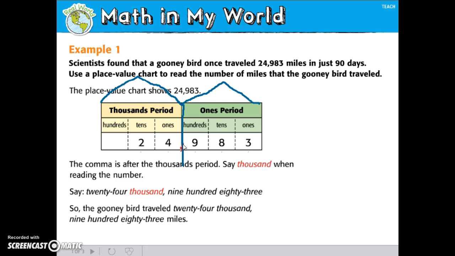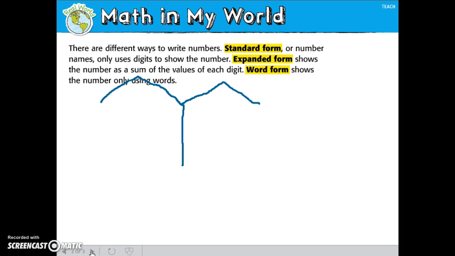If you only have one comma, that means you're leaving the thousands house. 24,000. Now go ahead and say this number as you would if the 24 was not there. 983. 24,983. So let's erase what I've done.